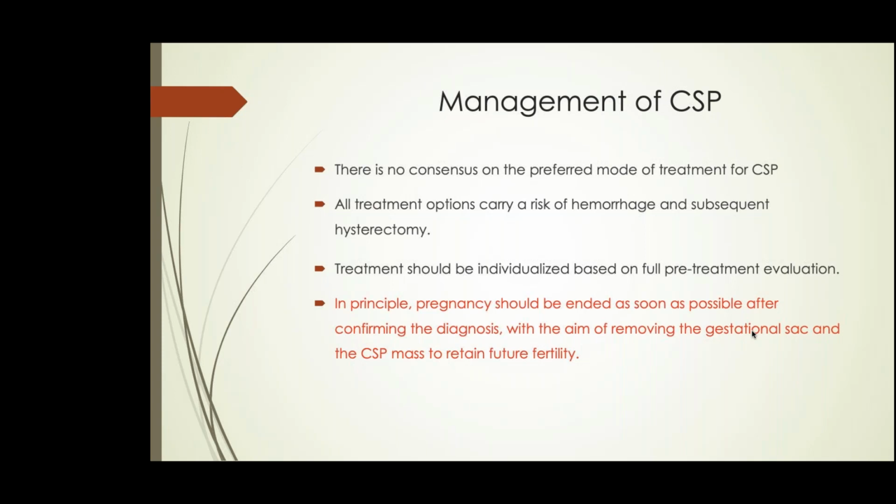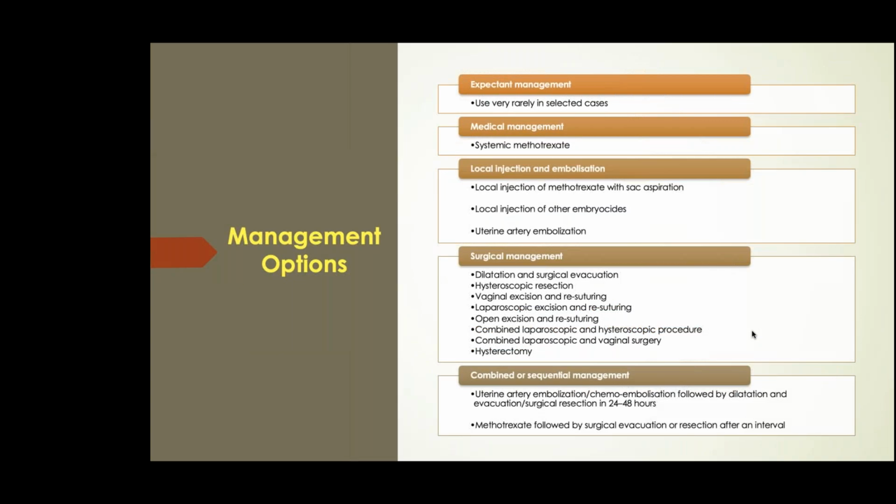Don't say that the fetal heart is positive and it can come out fine. At the end of the day, you can end up losing the mother herself due to bleeding, and if she survived, she will most likely lose her fertility as well. So it's very important to diagnose it early, to treat it early.